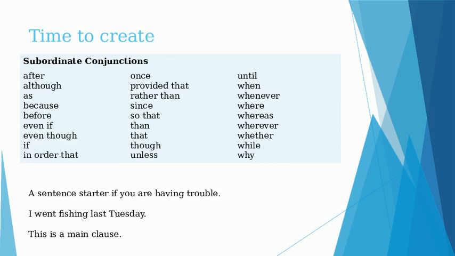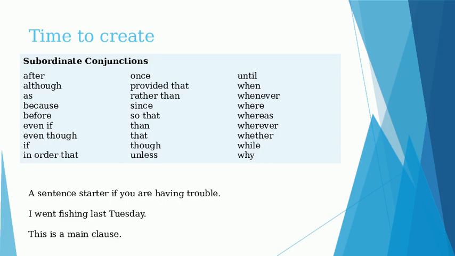I would like you to write at least 1 simple sentence. If you can write 1 simple sentence, you have been successful. If you can write more than that, you're going above and beyond, and that's great. Okay, so we're going to give you about 5 to 10 minutes to write as many as you can. 1 is fine. If you need help, put your hand up, and I will come over and help you.